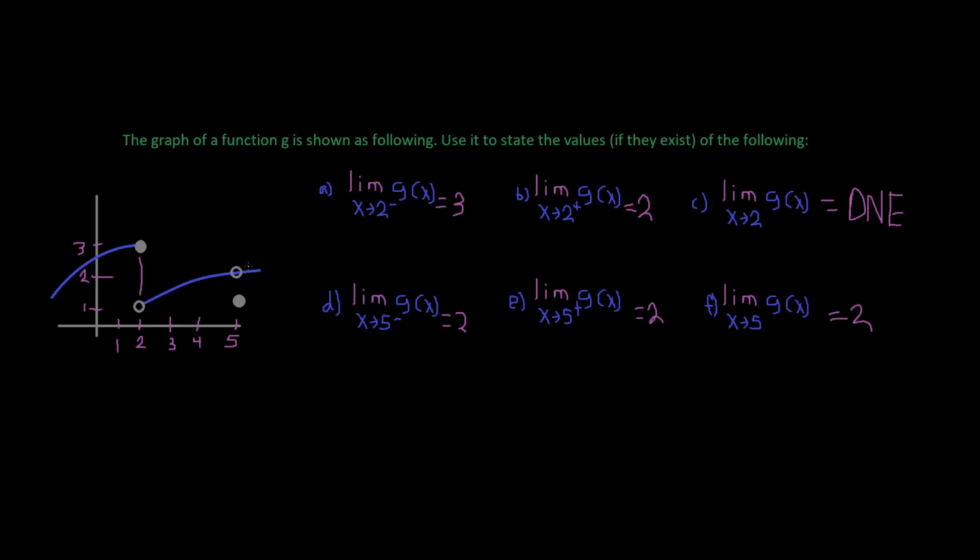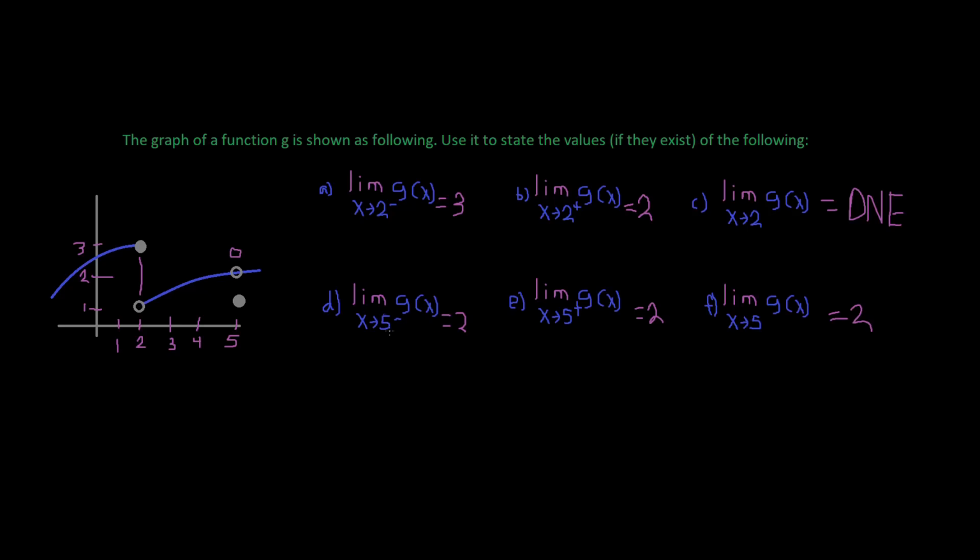And even though we have an open circle right here, an open point, despite that fact, we take notice that g of 5 does not equal 2. It equals 1. But it appears that going from the left and the right hand side, it will equal 2.